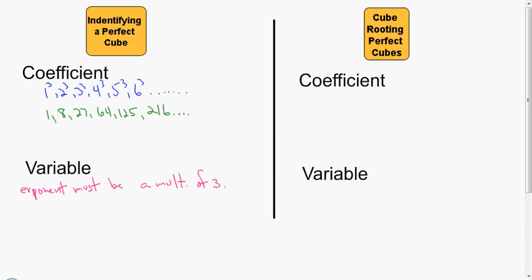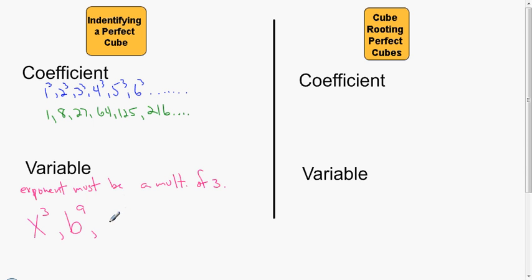So I'll just give you some examples here, and then we'll look at some combined examples that have coefficients and variables. But for instance, we see that the most basic cube we can talk about is x cubed. And that should be pretty obvious because obviously 3 is a multiple of 3. Then something potentially like b to the 9th would be a cube because 9 is a multiple of 3.